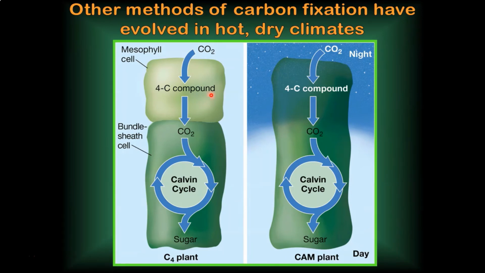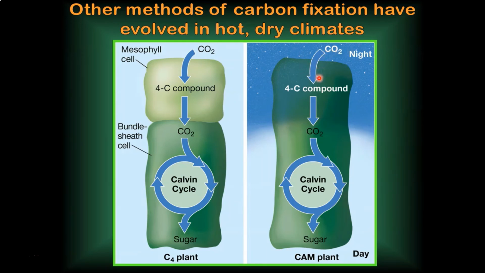Okay, and over here you can see this is a different type of system here, because in this one, in a C4 plant, you use different cell types, okay? Now over here what you're doing is different parts of the day, okay? So this plant's so smart, all right? Must have a great big brain, because what happens is the CO2 pours in at night when it's cooler, okay? You don't have that hot sun beating down at you at night. So this plant is going to, and CAM, all right, crassulacean acid metabolism, these plants open up their stomata, okay?